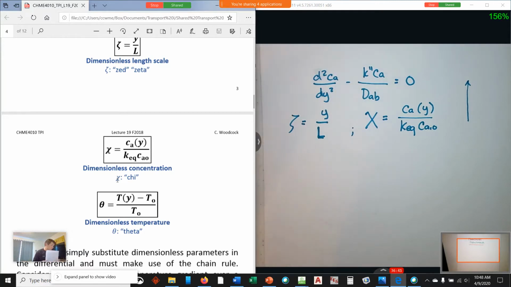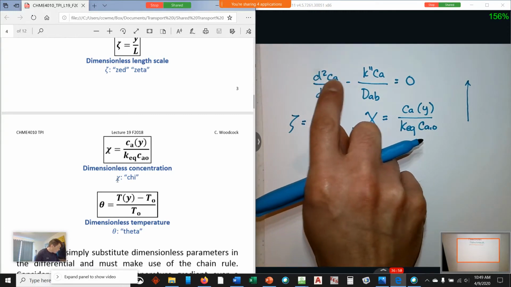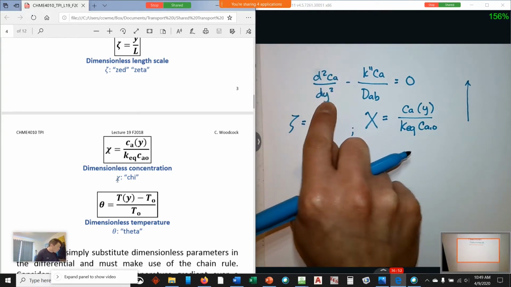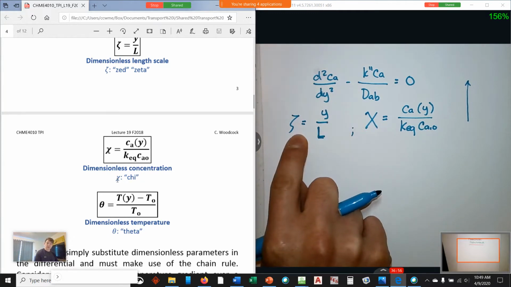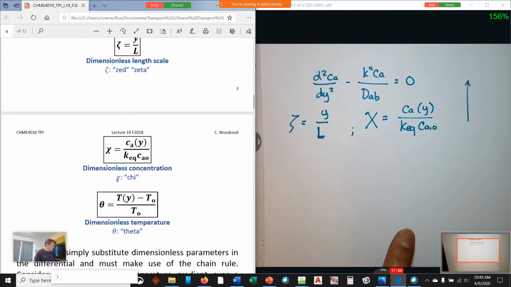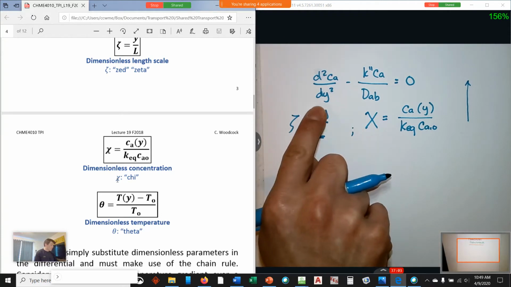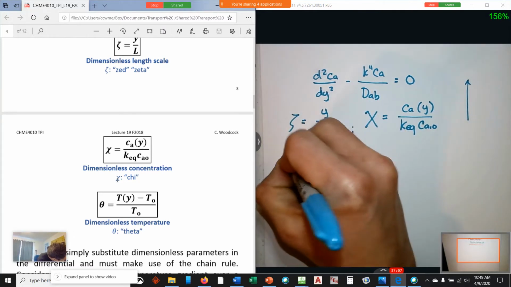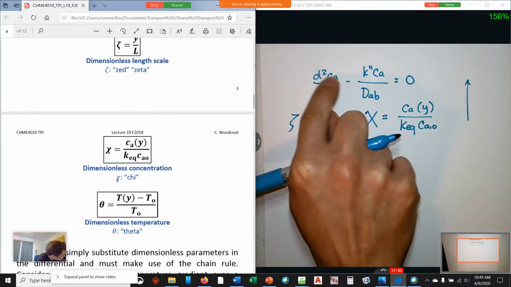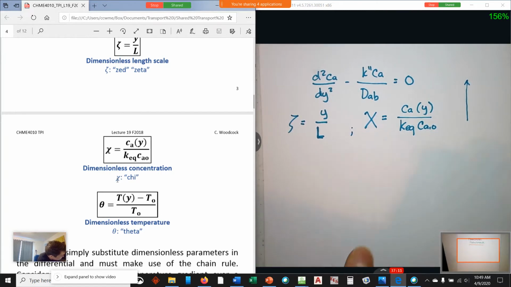So we need to make use of the chain rule here. What we'd like to do is transform this system from being a gradient of concentration with respect to y and being a gradient of chi with respect to zeta. So let's go through and figure out how to non-dimensionalize this term. I'm going to split it back out into two first-order derivatives.